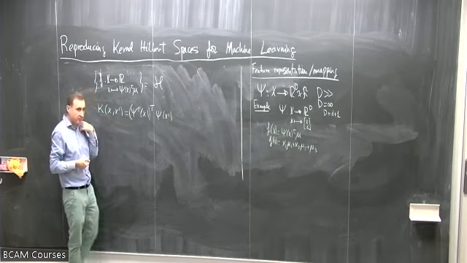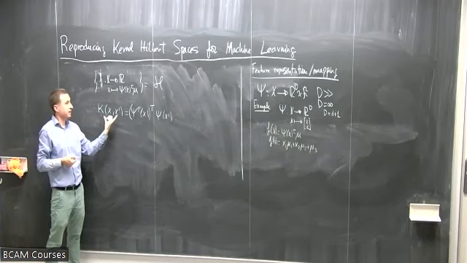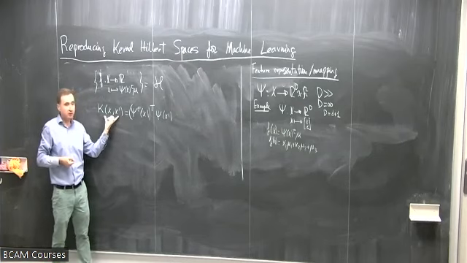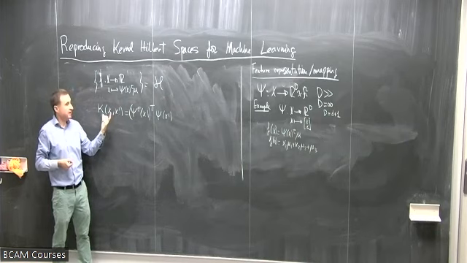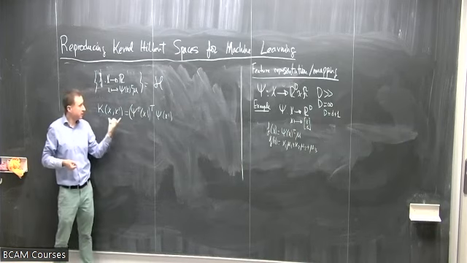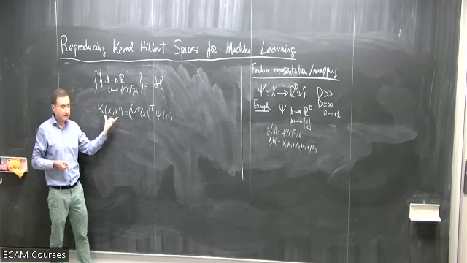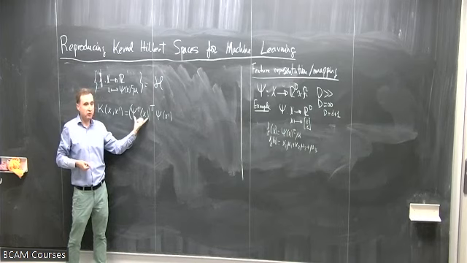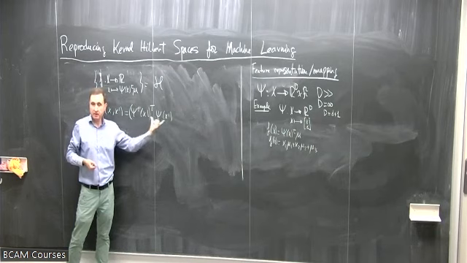This is an important thing. If I know there is a kernel function satisfying this and I know how to evaluate it, every time I want to evaluate an inner product, I just evaluate this. I don't need to know what the feature map is, and I don't need to do all this possibly complicated operation if this is high dimensional.